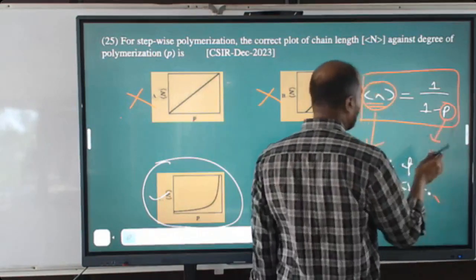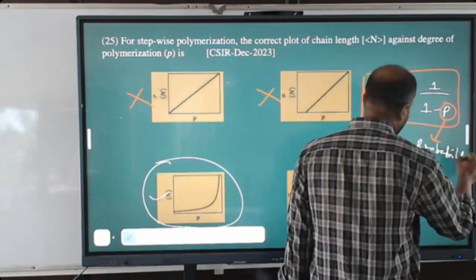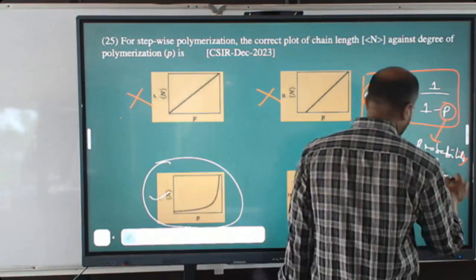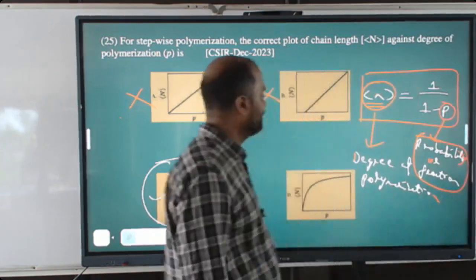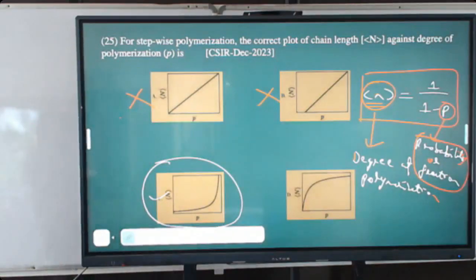And P is a probability or fraction. N is the degree of polymerization and P is a probability or fraction.